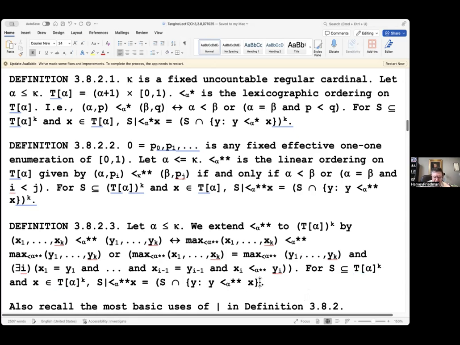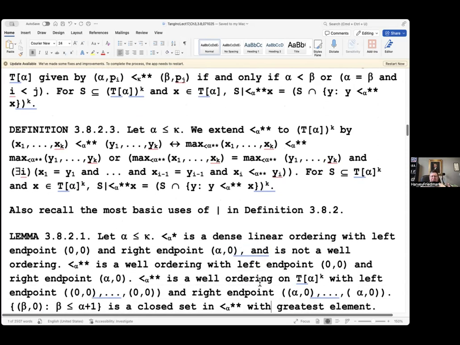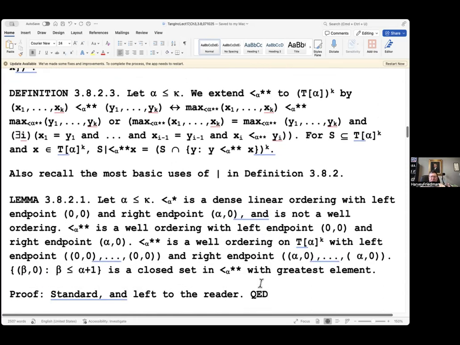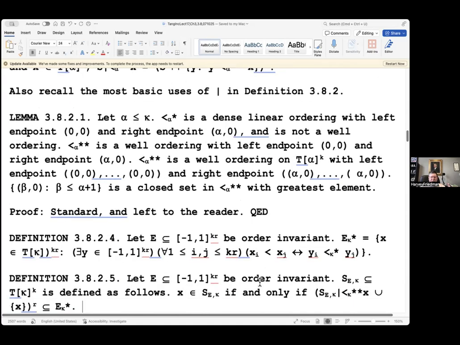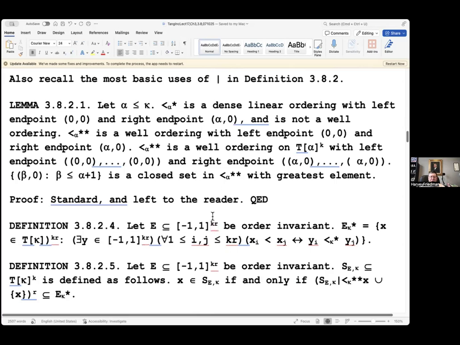Here we are. And now, I also want to use restriction more broadly, because if you take a substructure of a structure, you usually don't want to keep writing what you're restricting it to.